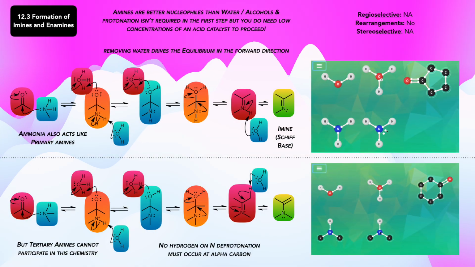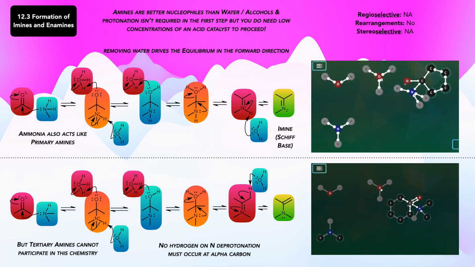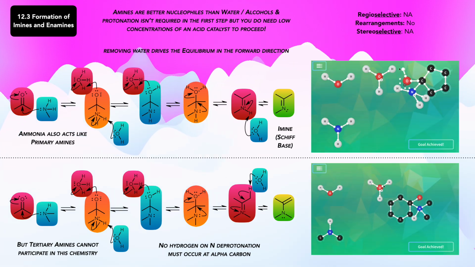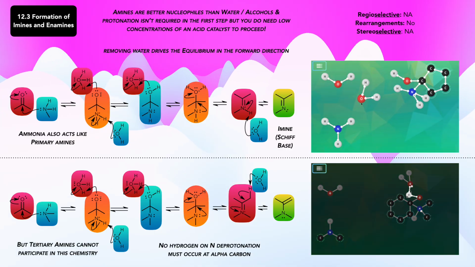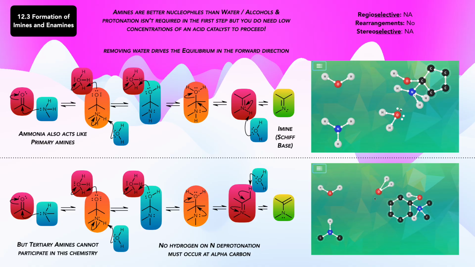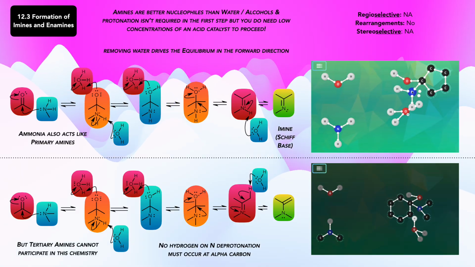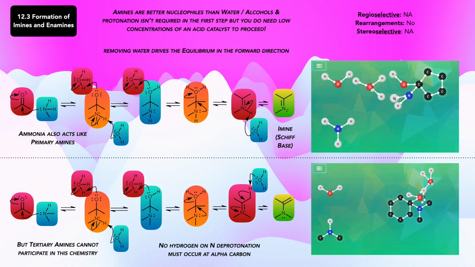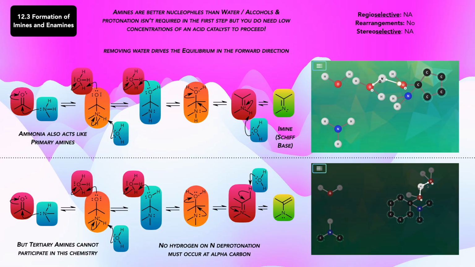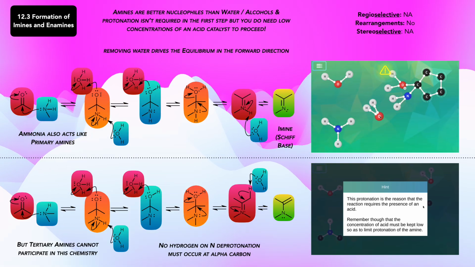But now in the formation of imines and enamines, we swap oxygen nucleophiles for nitrogen. Amines are better nucleophiles. They attack without needing a full carbonyl protonation first. We still, however, need a small amount of acid catalyst. Too much acid, however, and an amine becomes protonated and is no longer nucleophilic.